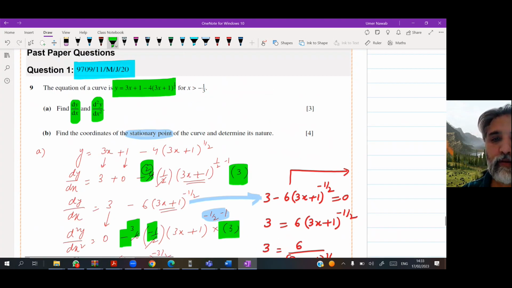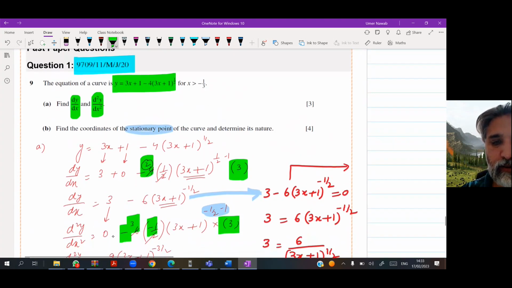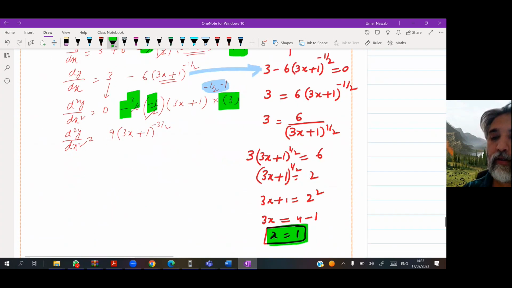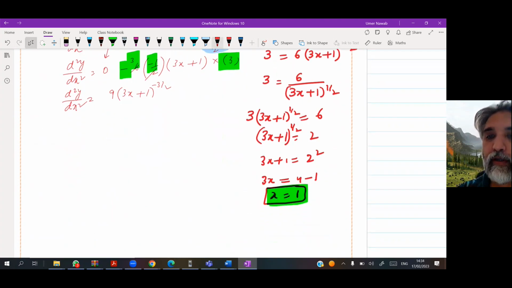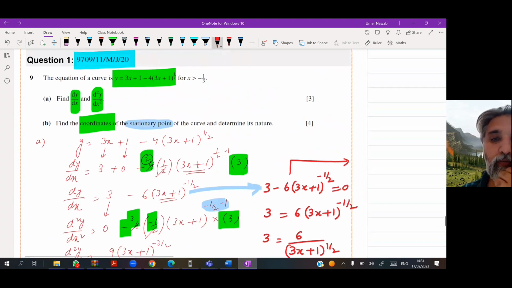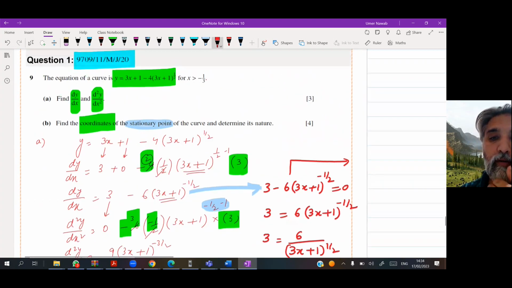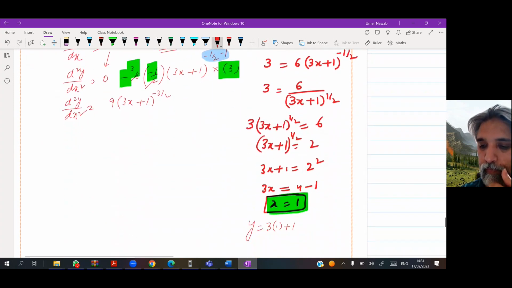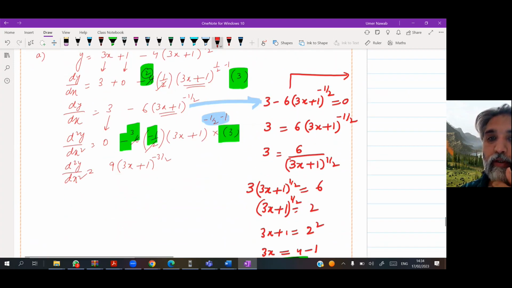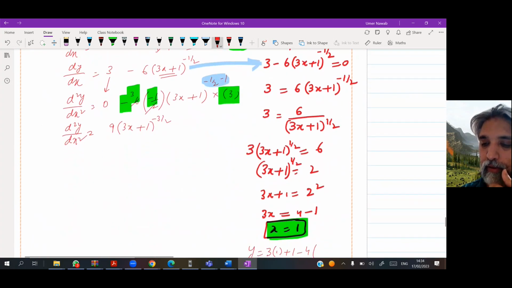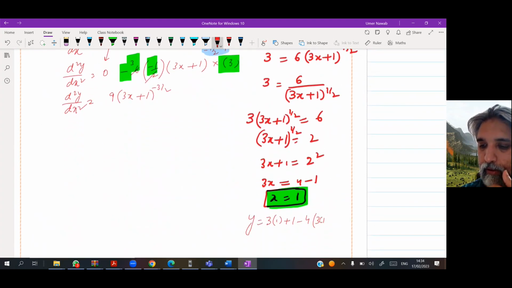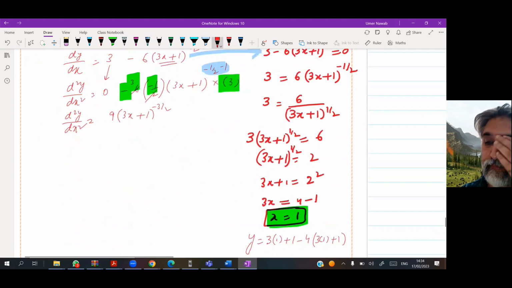Is he asking for the x coordinate? No, he's asking for coordinates. We need to get the corresponding y coordinate, so substitute this value of x into the original value of y, which is 3x + 1, then minus 4, and then he writes (3x + 1) raised to the power 1/2.